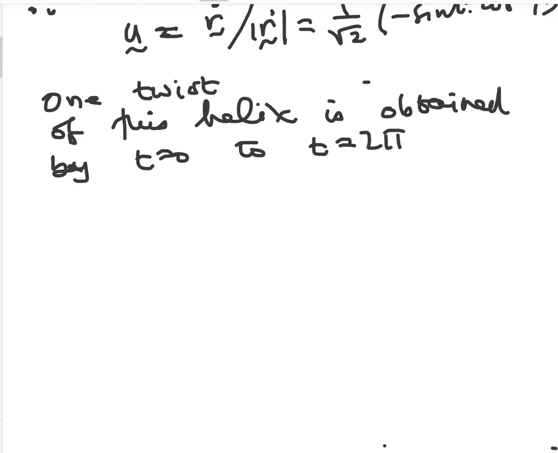That will give you something that does this. So maybe this point here is obtained by t equal to 0, and that final point is given by t equal to 2 pi.